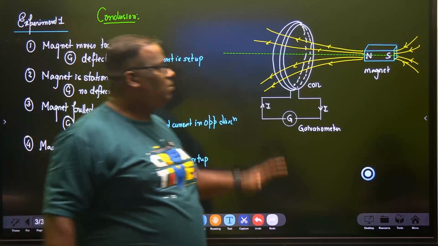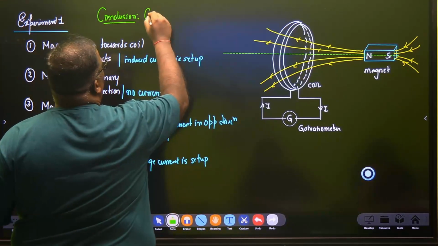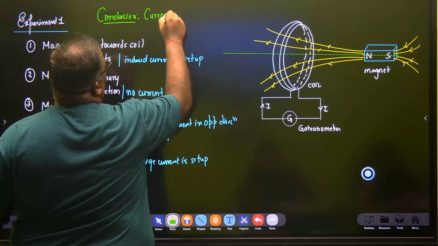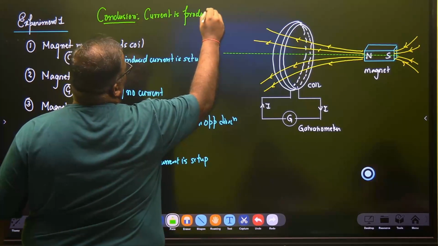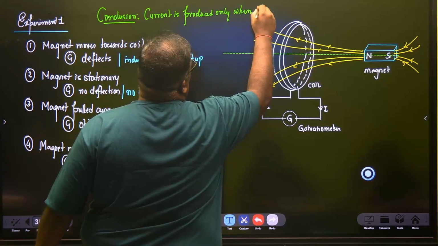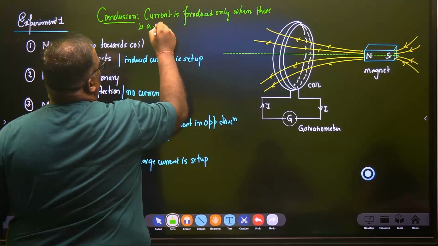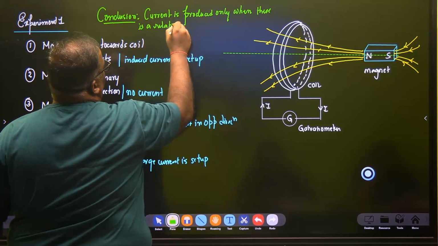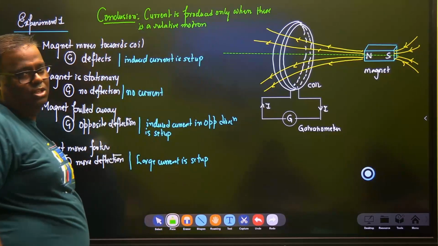So from this experiment, you can write down that current is produced only when there is a relative motion. Slowly you will find that the motion is not the thing that is responsible.